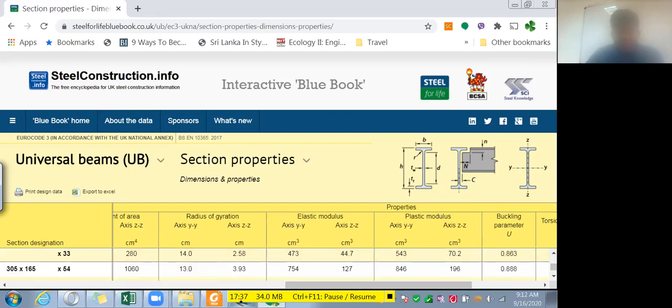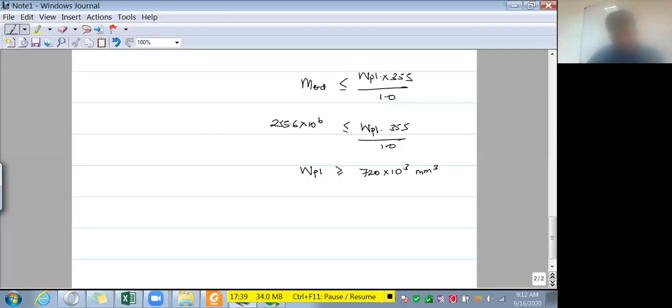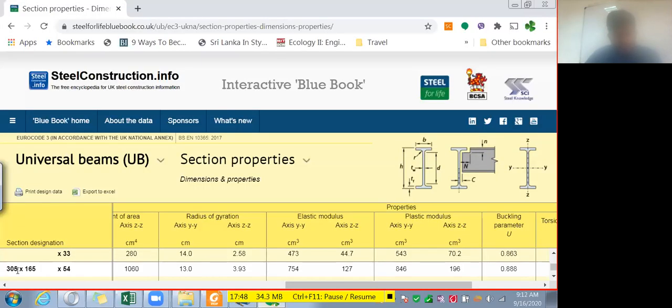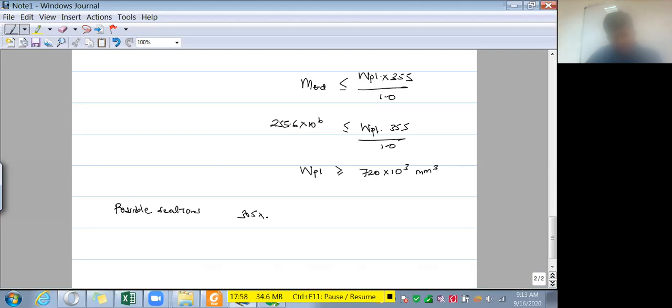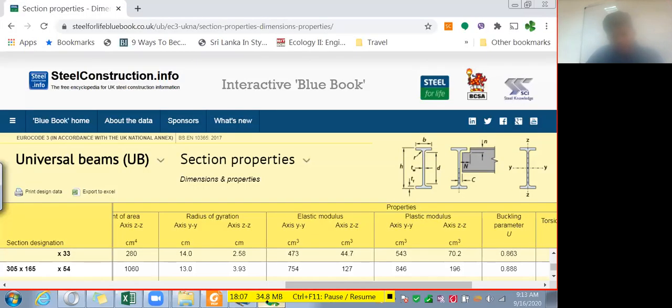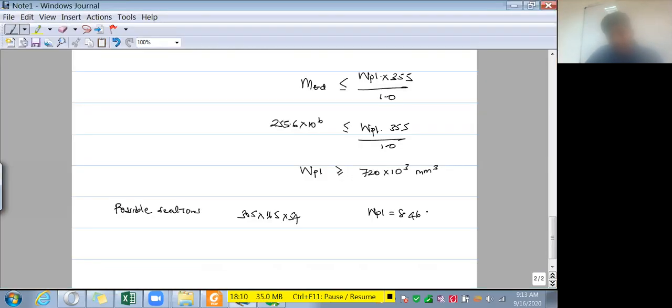So you can have possible sections. 305 165 into 54 has a WPL value of 846. So this is 720 into 10 to the 3 millimeter cube, which means 720 centimeter cube. So this is one option, it satisfies.